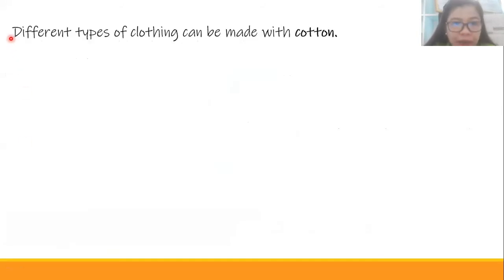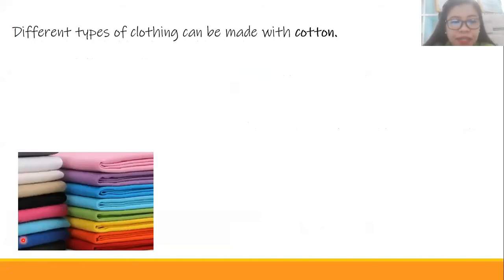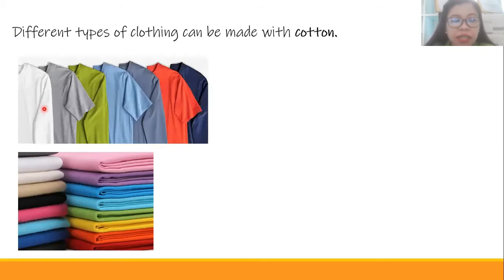So, different types of clothing that can be made with cotton. We have the following: towels or face towels, t-shirts. Most of our t-shirts are made of cotton. The main materials of our clothes are made with cotton.